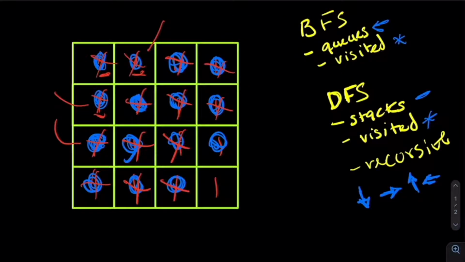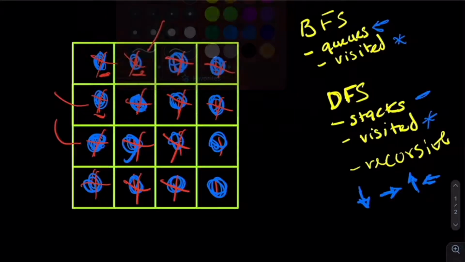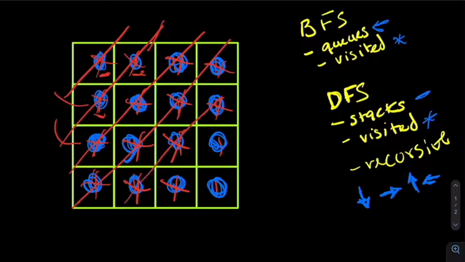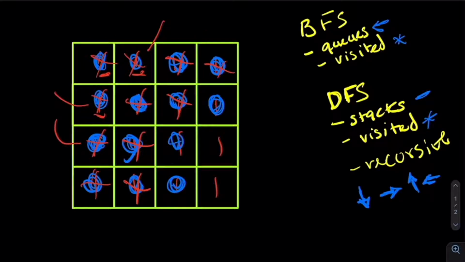So now I go to this one, I pop it, and I add that one. So that is the way that we have the algorithm working, right? It's not really like that, but it's very similar, because we're following a queue. So that's the visual way of how the algorithms behave.